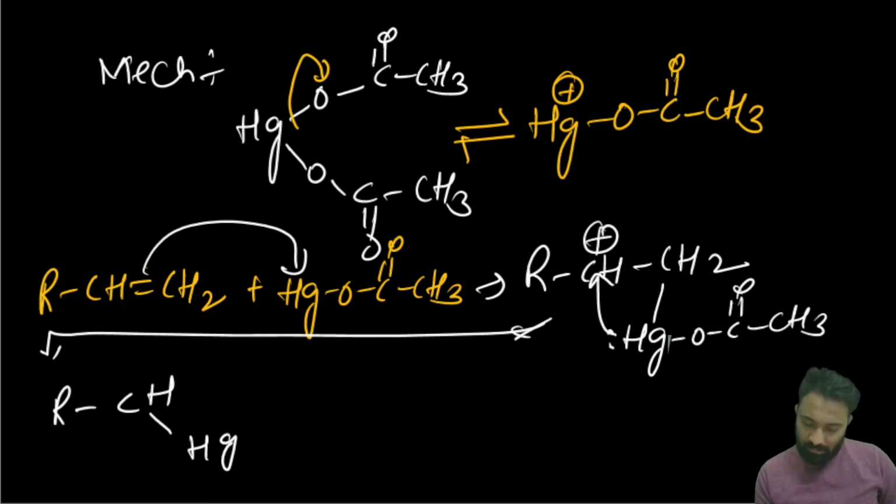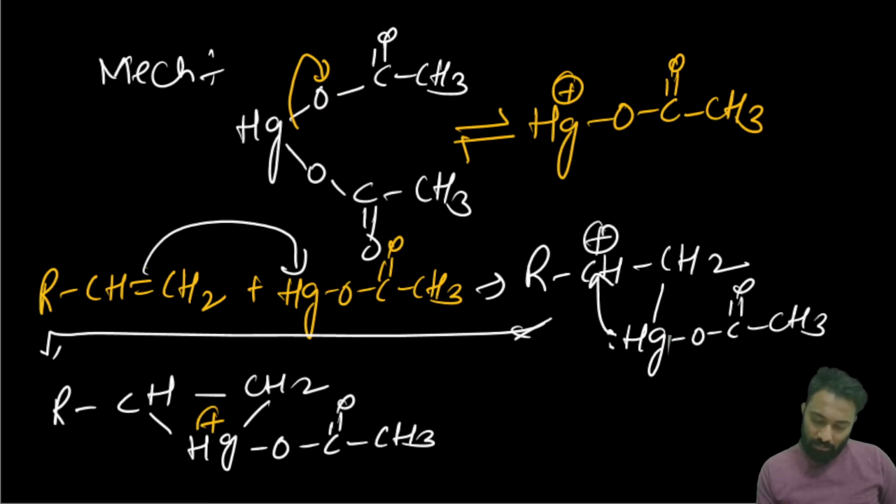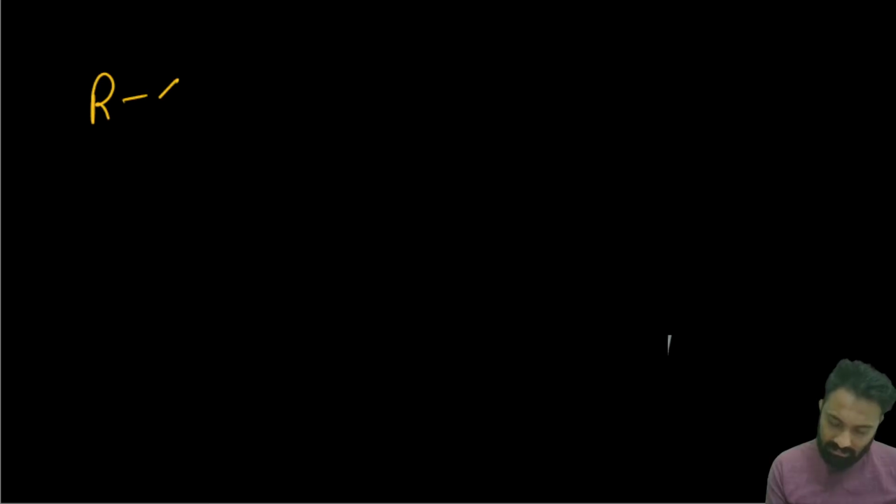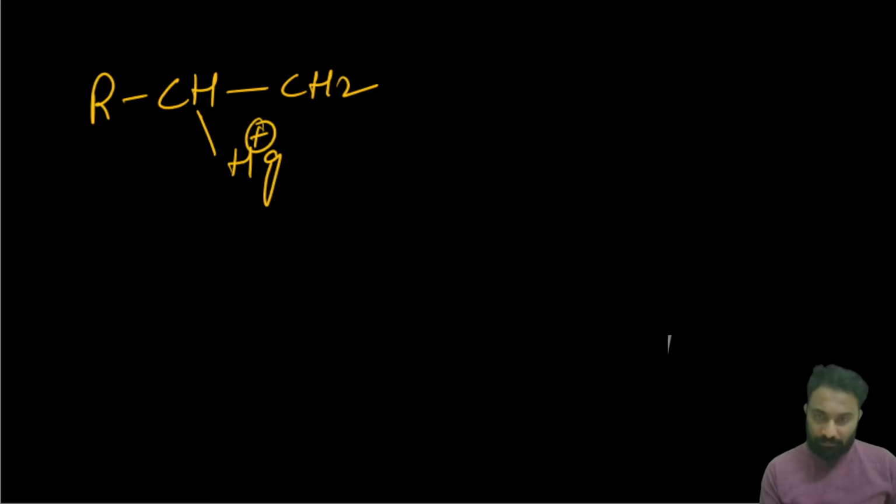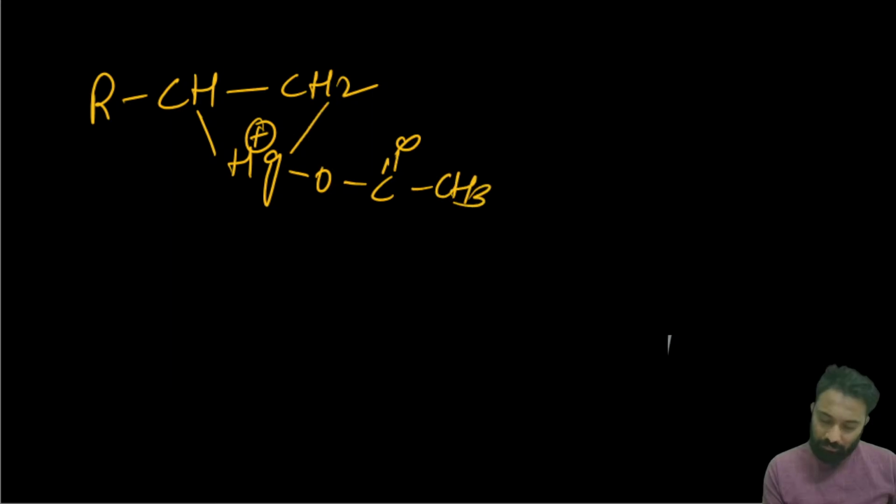Here the Hg, here it is a CH2, now here it is O, C double bond O, CH3, and the mercury will get the positive charge. After it is in the cyclic transition state like this, we are having the H2O, right?